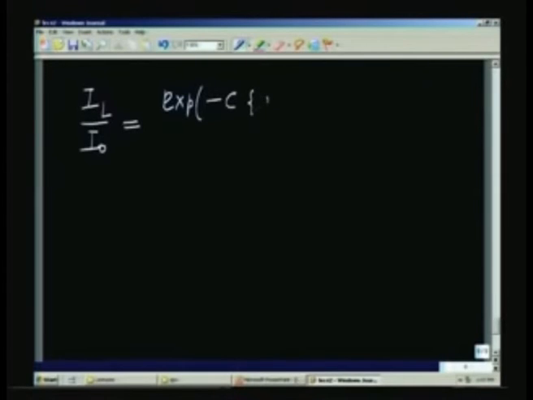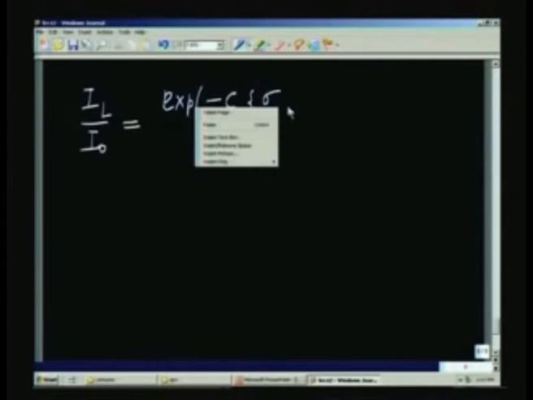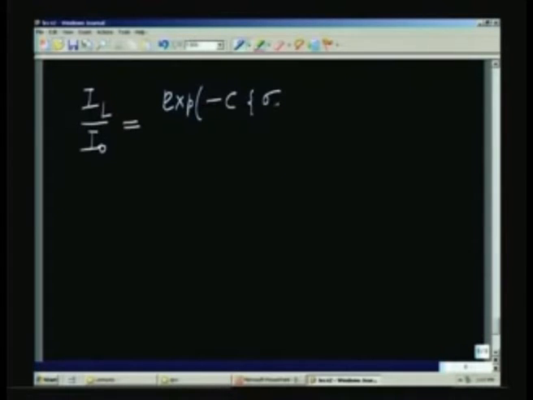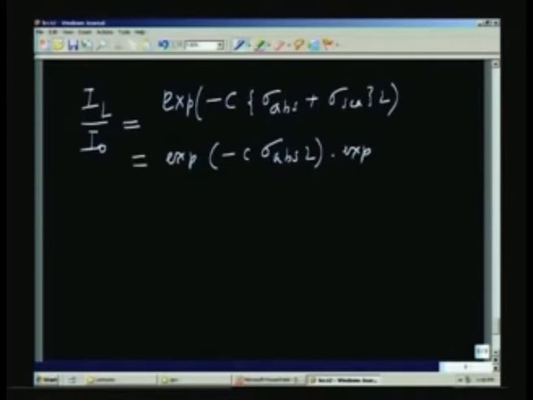I will add these two, sigma absorption plus sigma scattering, multiplied by L, and this can be written as e to the power of minus C sigma absorption L, multiplied by exponential of minus C sigma scattering times L.